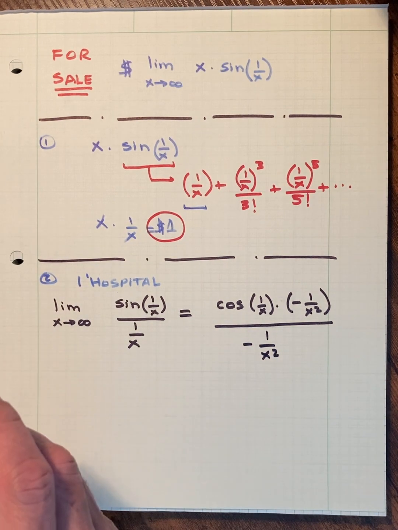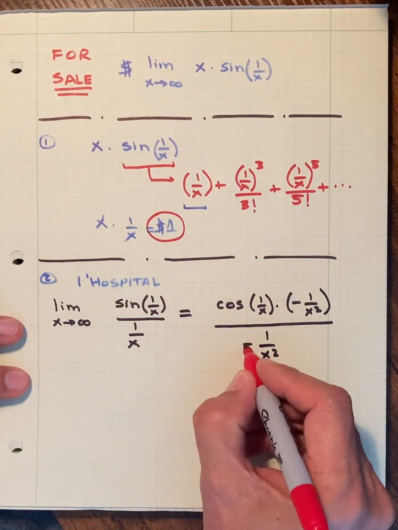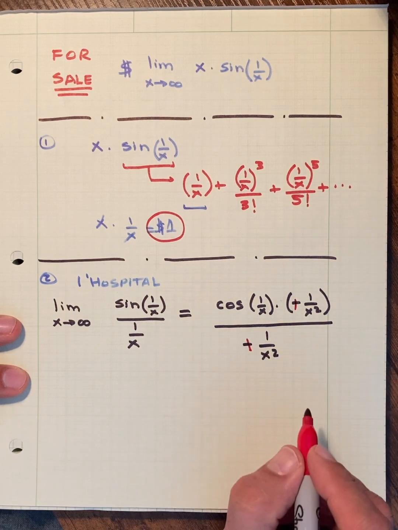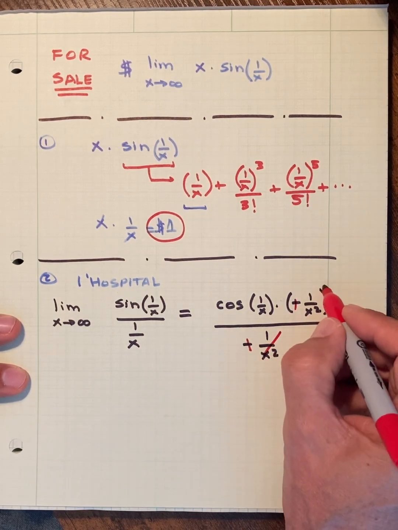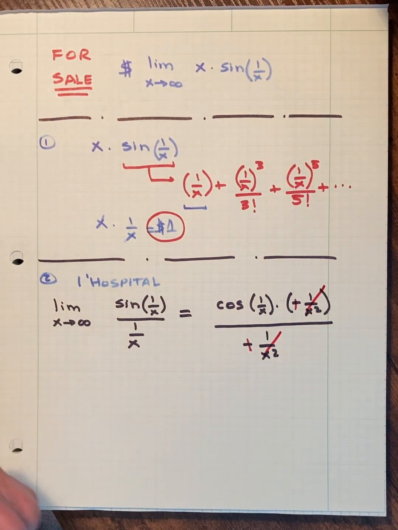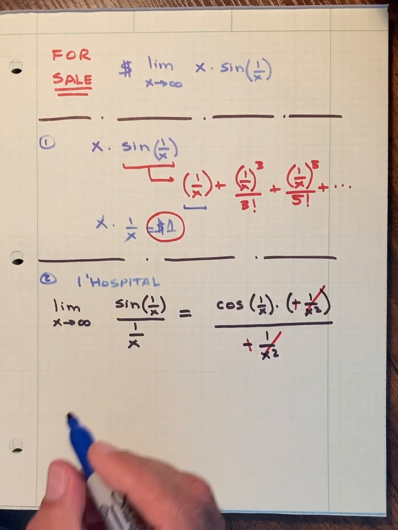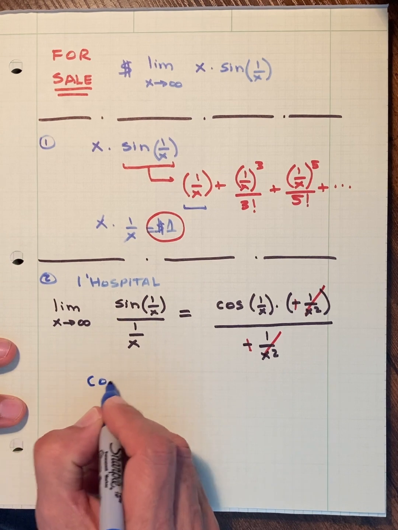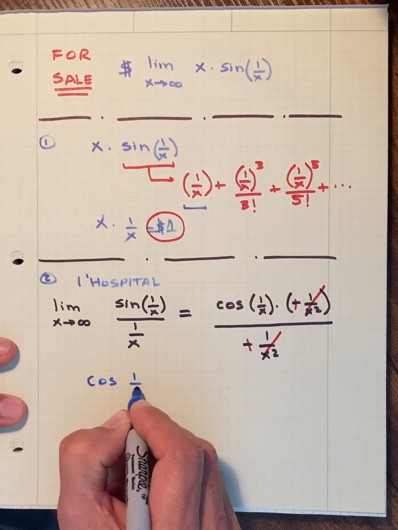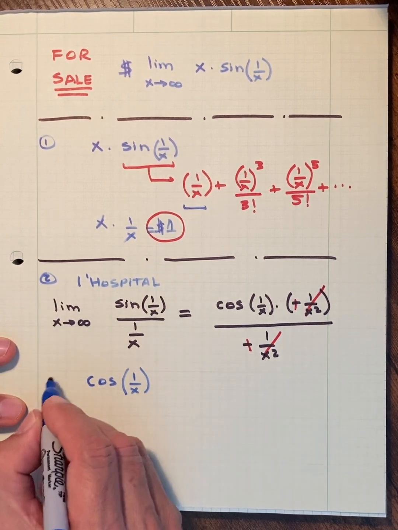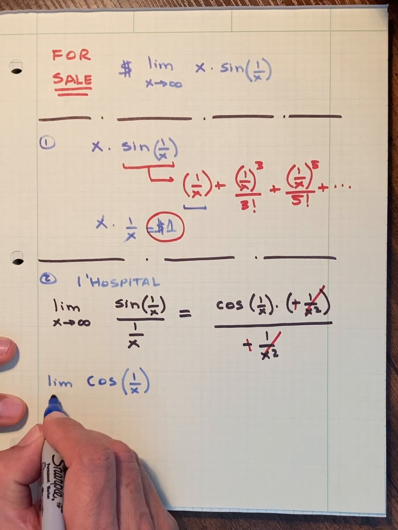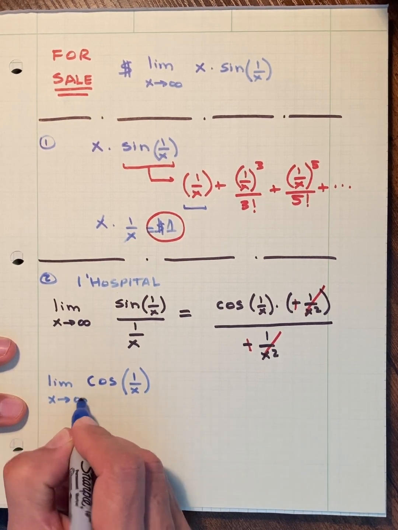So right here we can see that the negative signs combine to give us a positive. That cancels with that one. And what we're left with is the following. We have the cosine of 1 over x. And we want to take the limit of that as x goes to infinity.